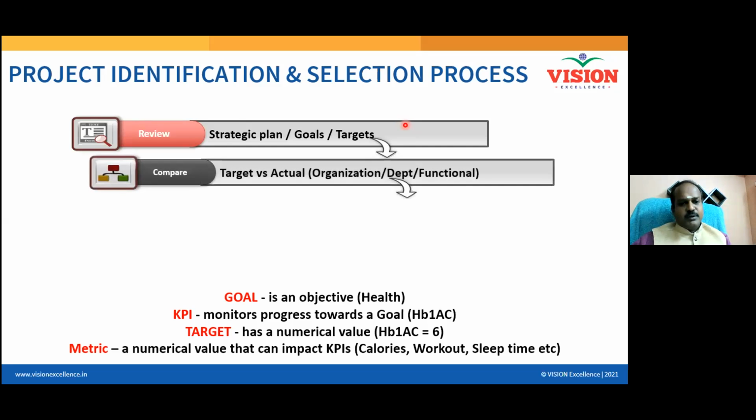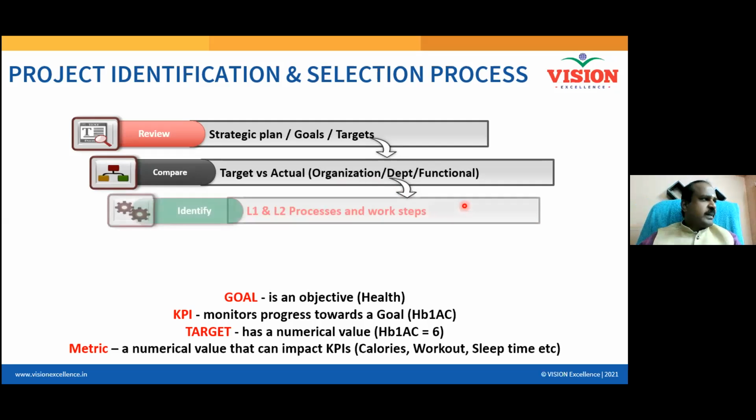And then they will review the target and the actual. You can compare the target and actual at the organization level, at the department level, as well as at the functional level. If any gap exists, you need to identify why there is a gap. We have planned for production of this much, but actually it has not happened. Why has production not happened?